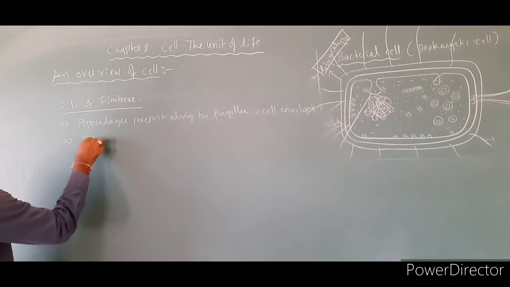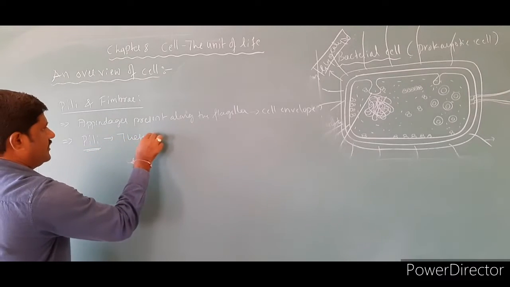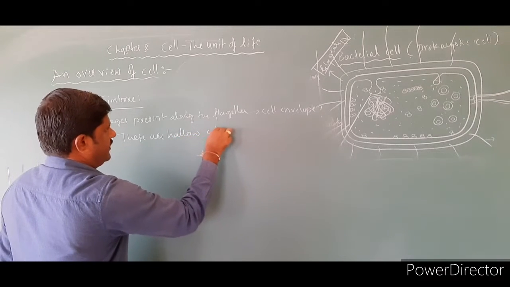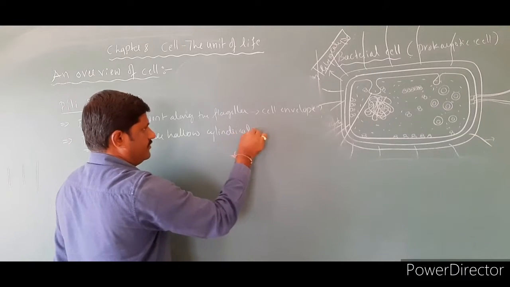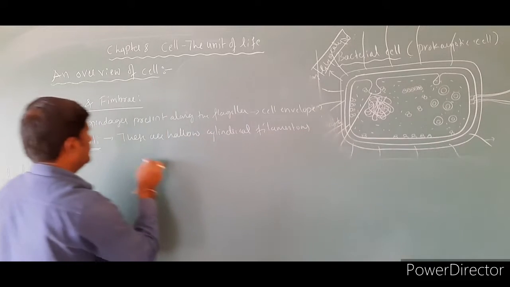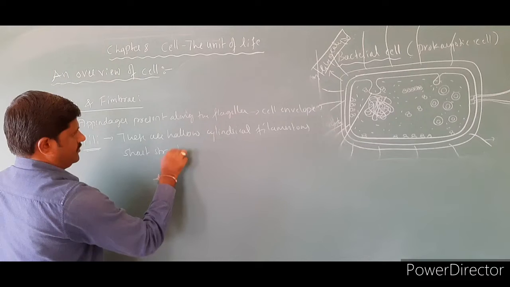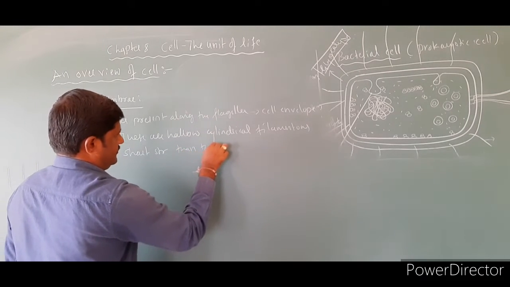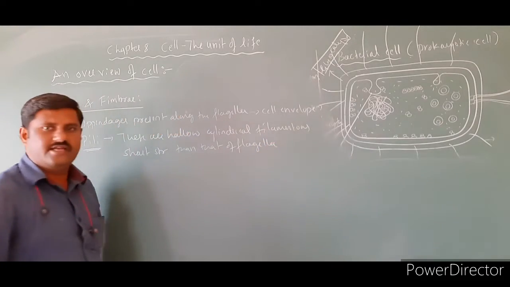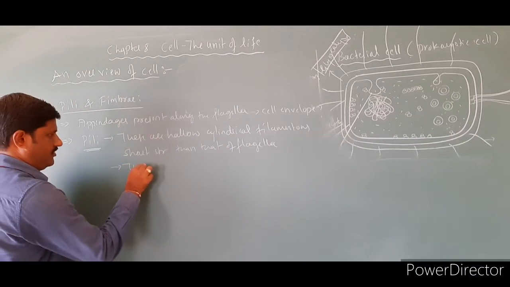First of all, we will start with the pili. These are hollow, cylindrical, filamentous, short structures compared to flagella, and they do not help in locomotion.